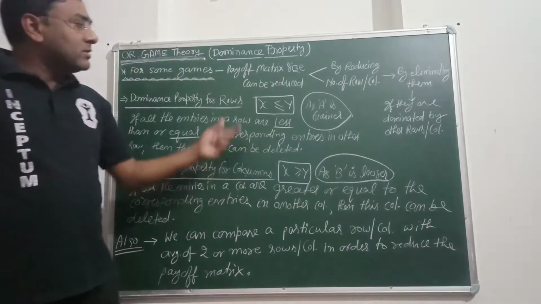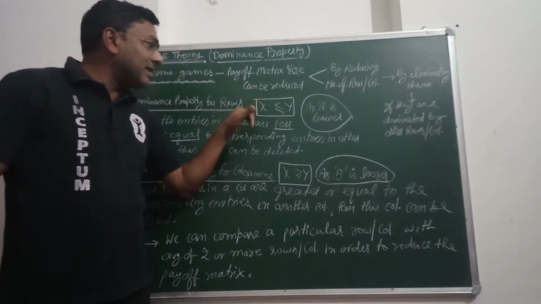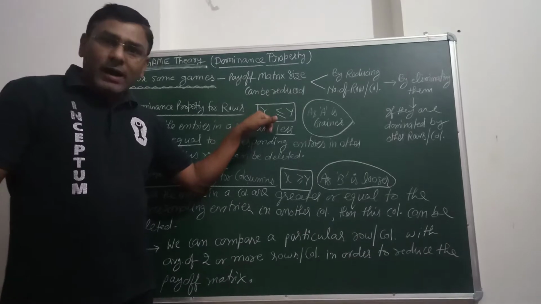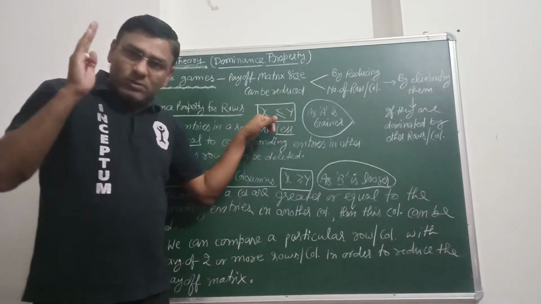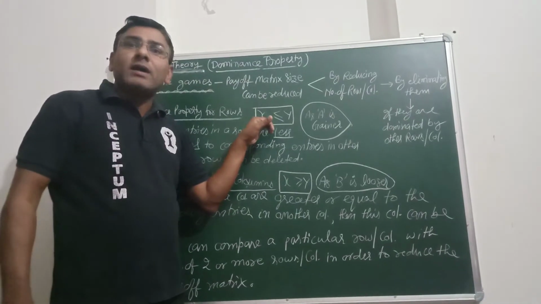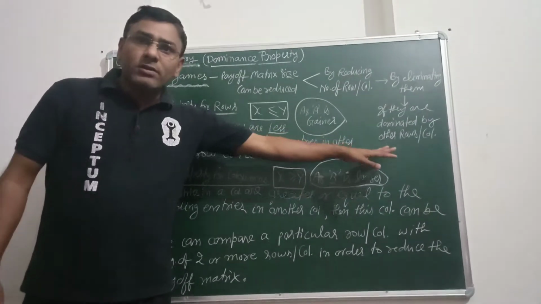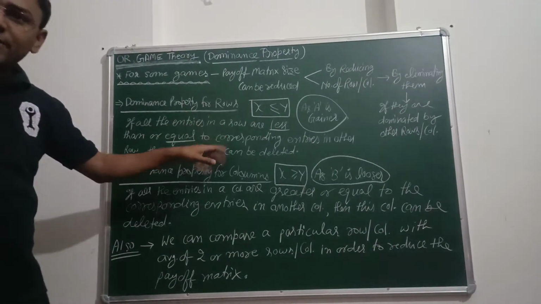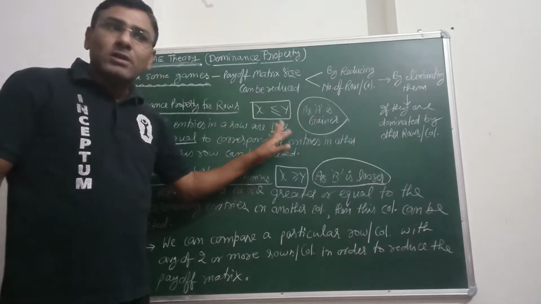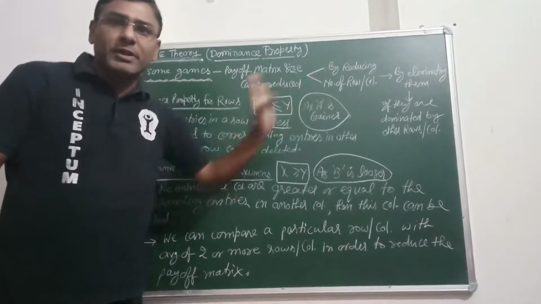So that's why the condition is that if all the entries in the row are lower or equal to the corresponding entries in the other row, we can eliminate the initial row whose entries are lower or equal to the corresponding rows.